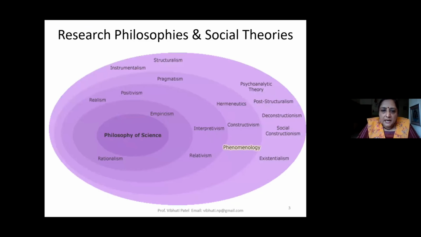So whether it is hermeneutics or positivism, pragmatism, realism, empiricism, interpretivism, all these different schools came into existence over the last 200 years, because you know that social science research came into vogue only after the colonization of the world.